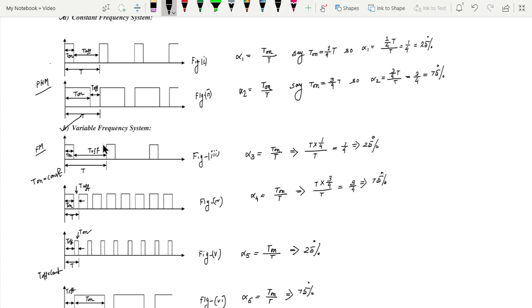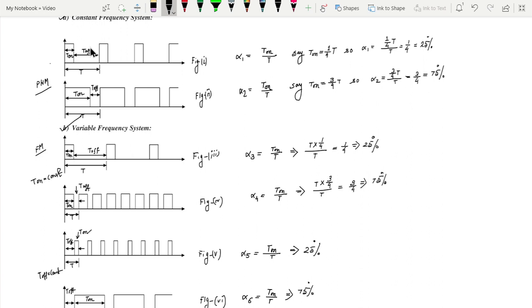But there is a limitation of pulse width modulation. In case of pulse width modulation, we have to reduce the T on, but we cannot reduce T on tends to 0. It is not possible. So this is the limitation: the low time ratio, that is T on by T, is not possible for pulse width modulation.